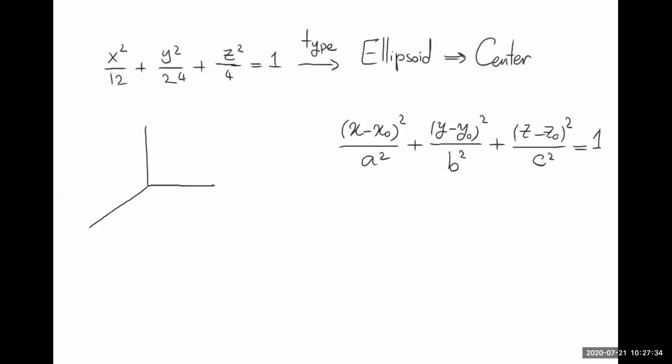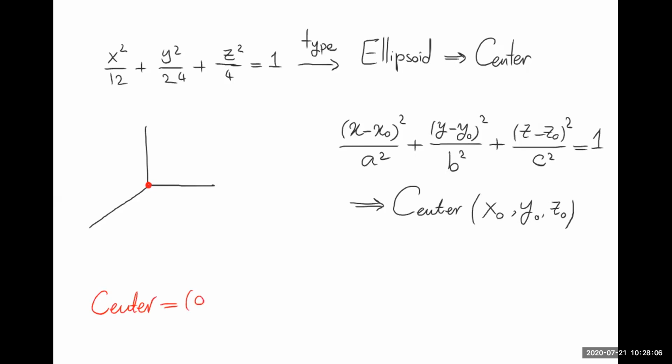The center of such an ellipsoid is (x naught, y naught, z naught). Comparing shows that here the center is the origin, 0, 0, 0, because we have x minus 0 squared plus y minus 0 squared plus z minus 0 squared. So the center of the ellipsoid equals 0, 0, 0.